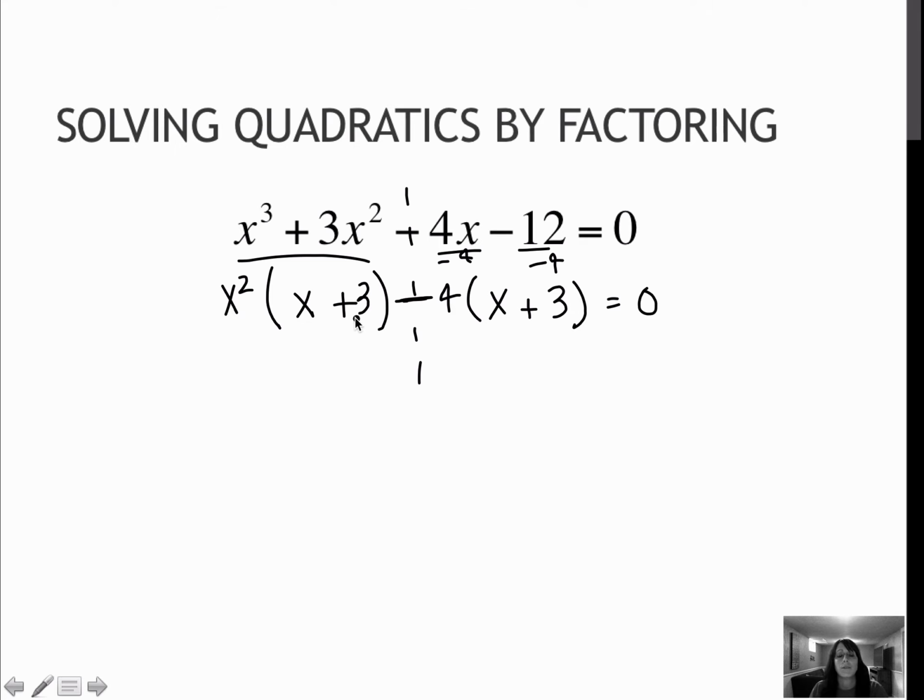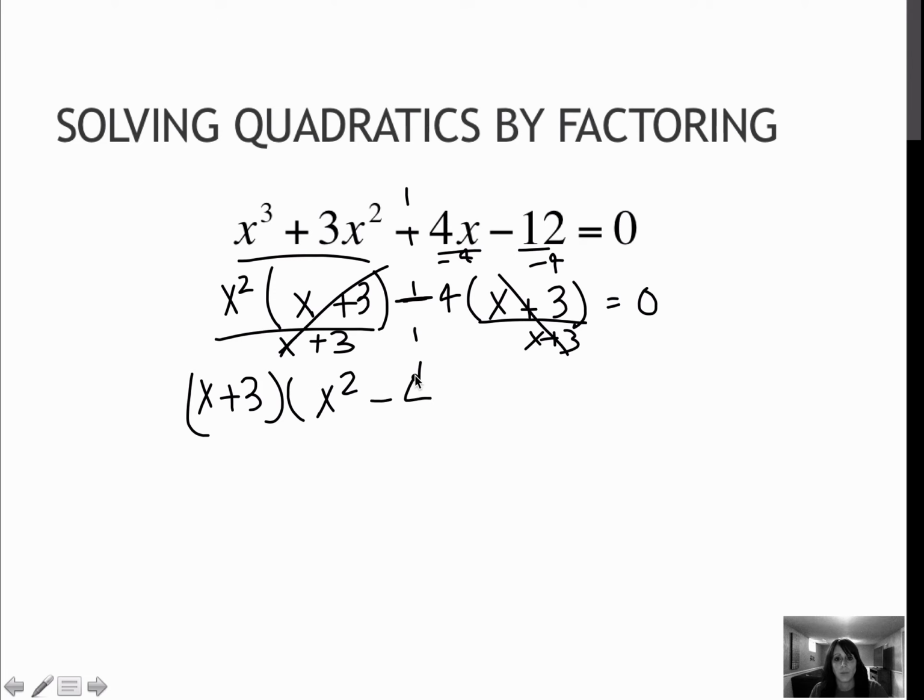And remember, my common factor is x plus 3, so that goes out front. When I divide by x plus 3, I get x squared. And divide by x plus 3, I get minus 4.